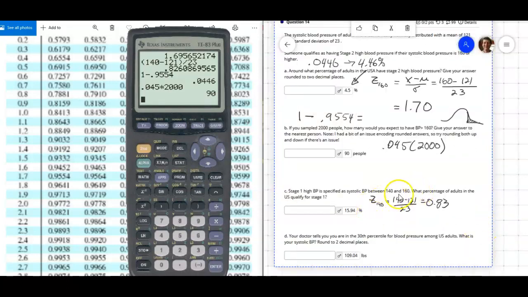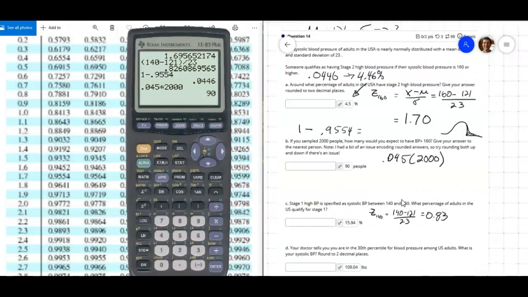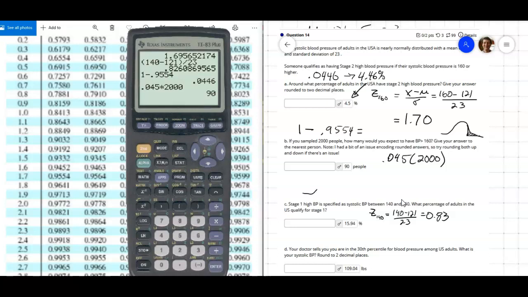Now, between 140 and 160, what we have to do is look up the larger value, 160. Oops, why was it not drawing? There we go. There's the 160. And if we subtract the 140, we will get that area in between. So the 160 we've already looked up, and it was 0.9554.